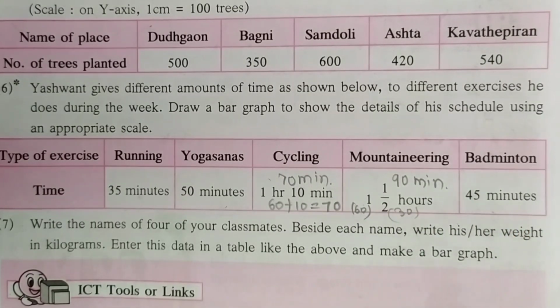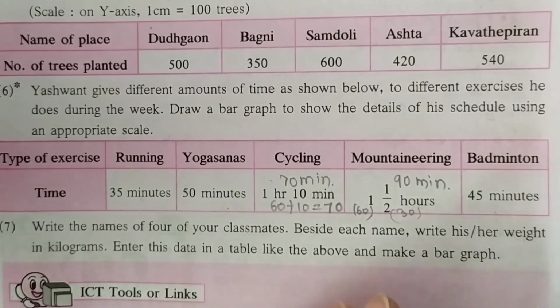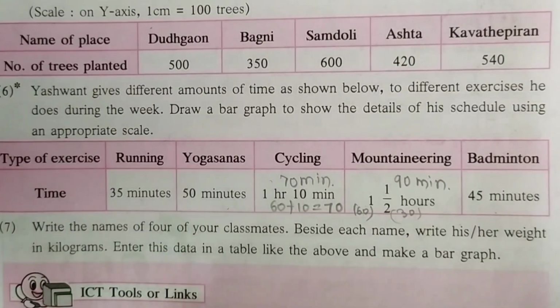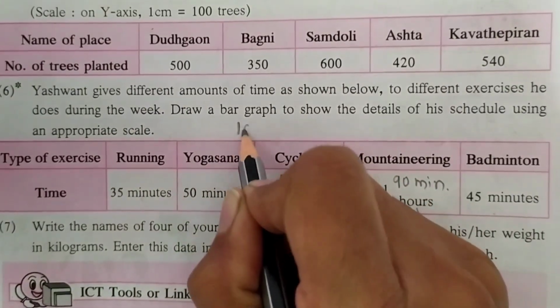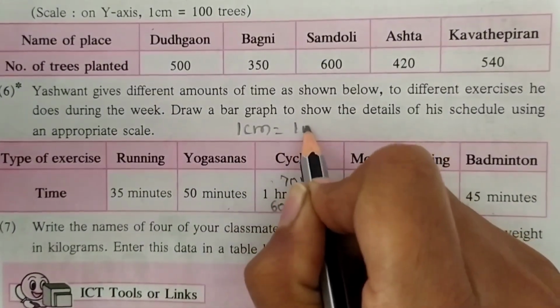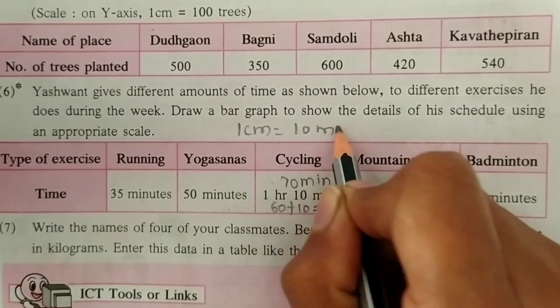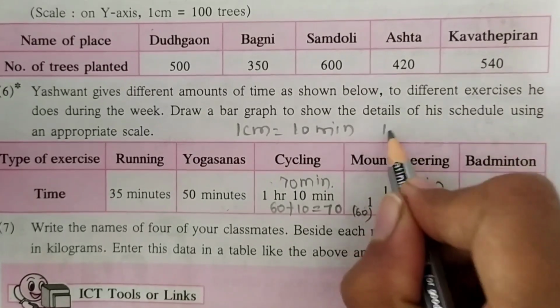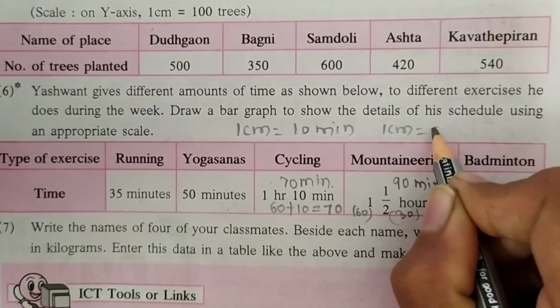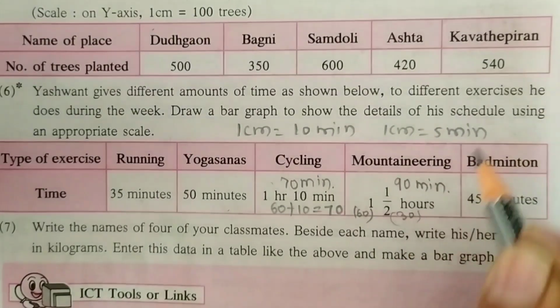For choosing an appropriate scale, just find out the table from which these numbers are fallen. We can choose here on the y-axis 1 centimeter is equal to 10 minutes, or also we can choose 1 centimeter is equal to 5 minutes.